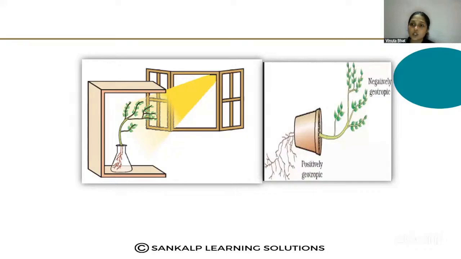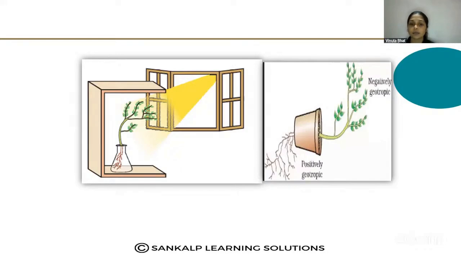If the stem is growing towards the light, that is positively phototropic. And the roots growing away from the light are called negatively phototropic. The roots growing towards the soil, towards gravity, are positively geotropic. The shoot growing away from gravity is negatively geotropic.